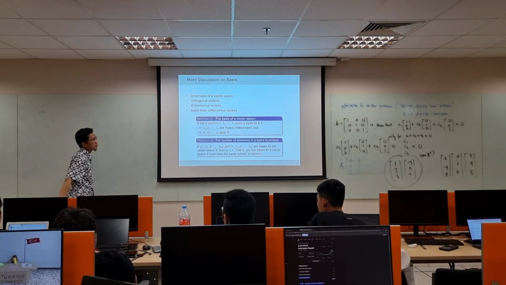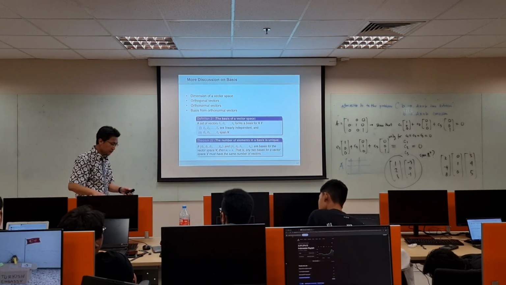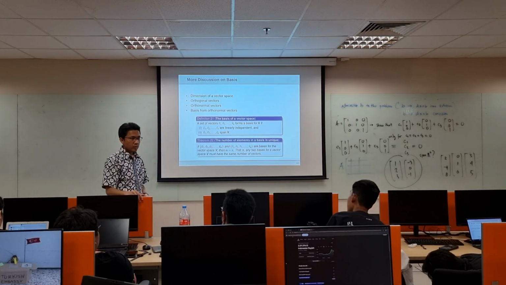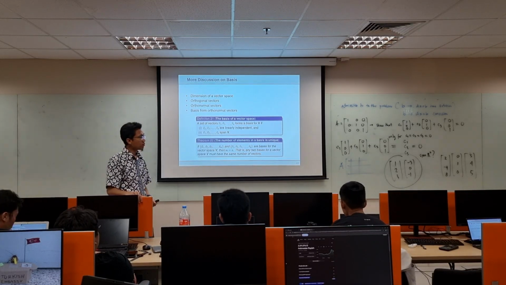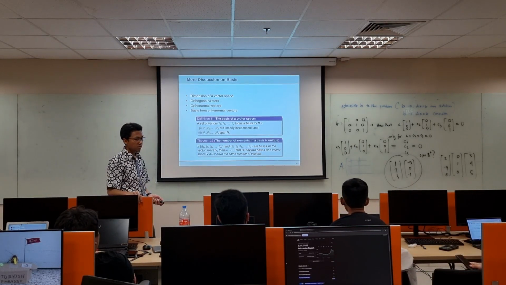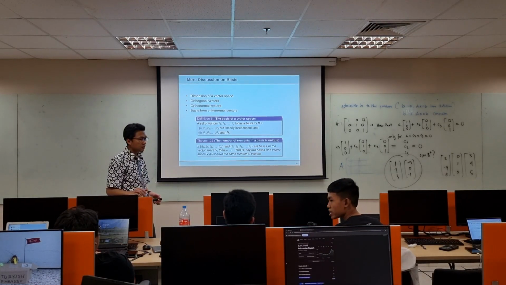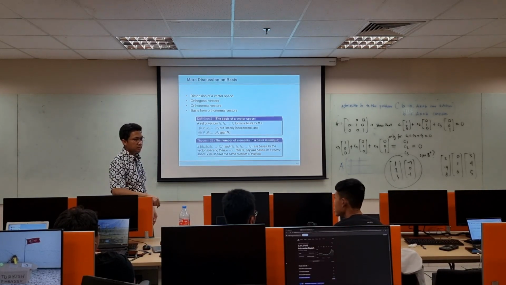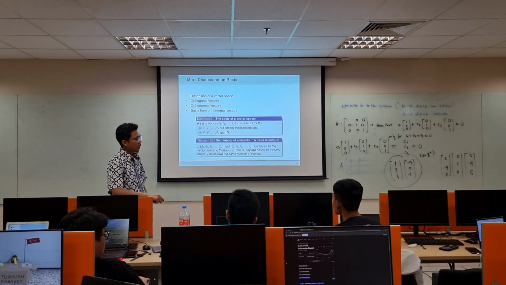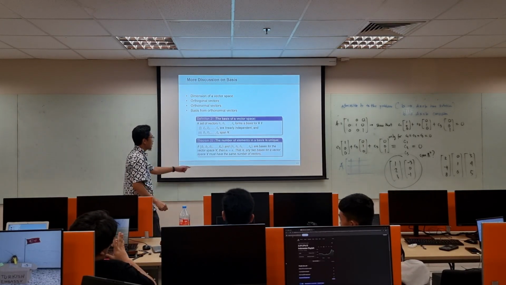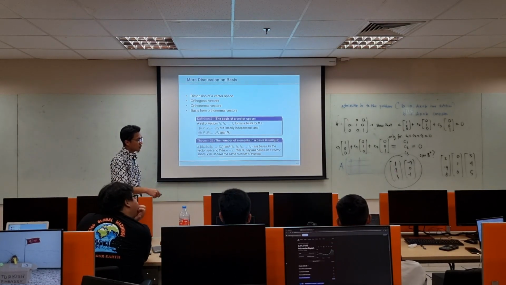So the basis is seen from the independent column or row, right? It can be one of them. It depends. You can take a basis from the row, of course. But when we are saying span here, span means you multiply your columns with a constant.